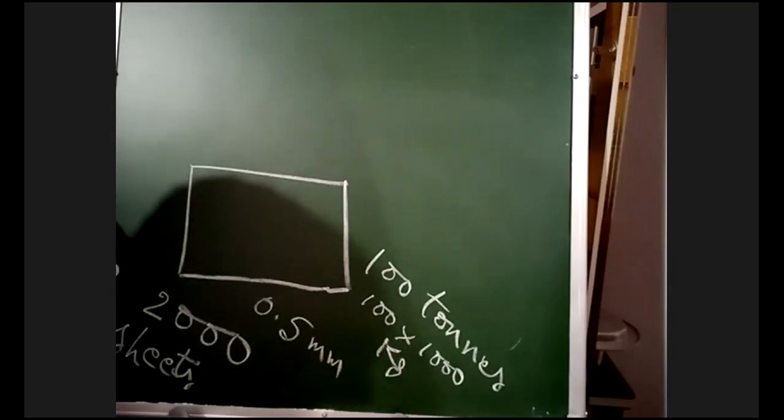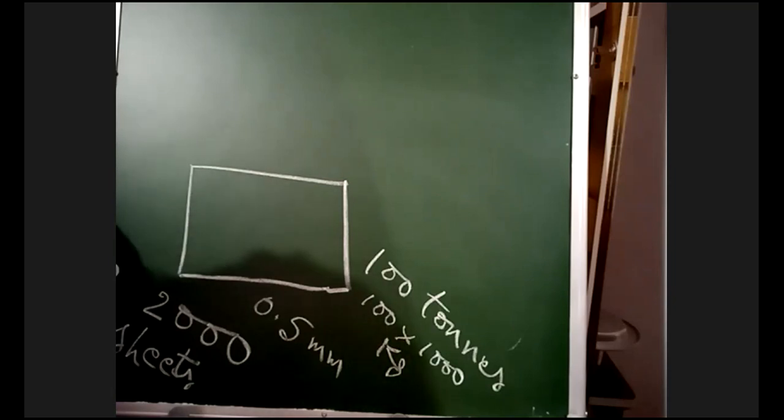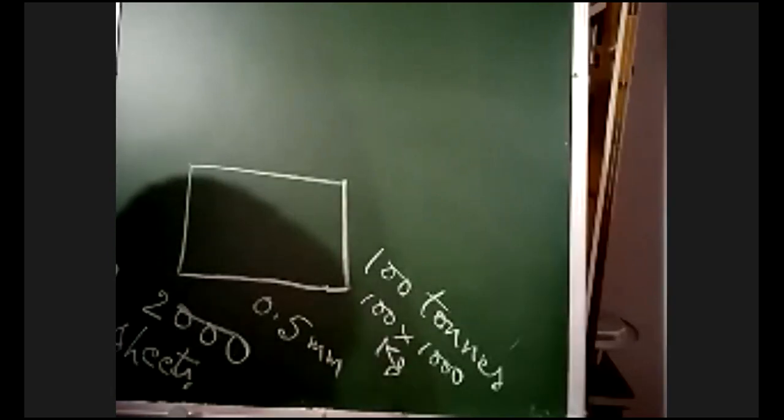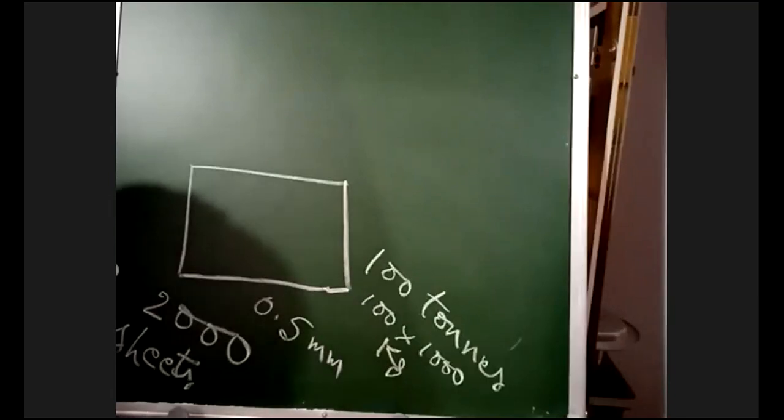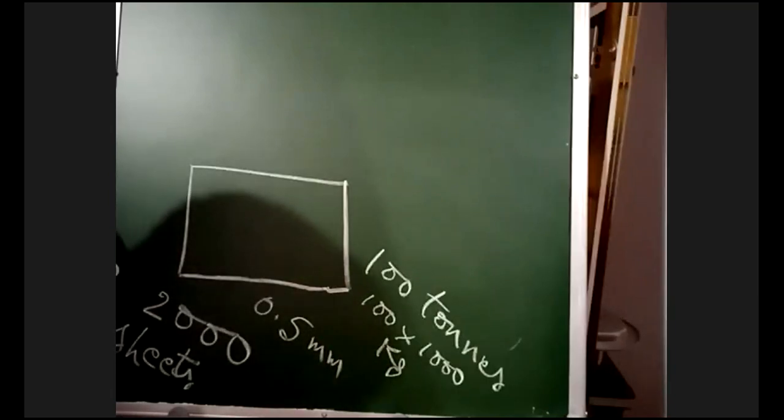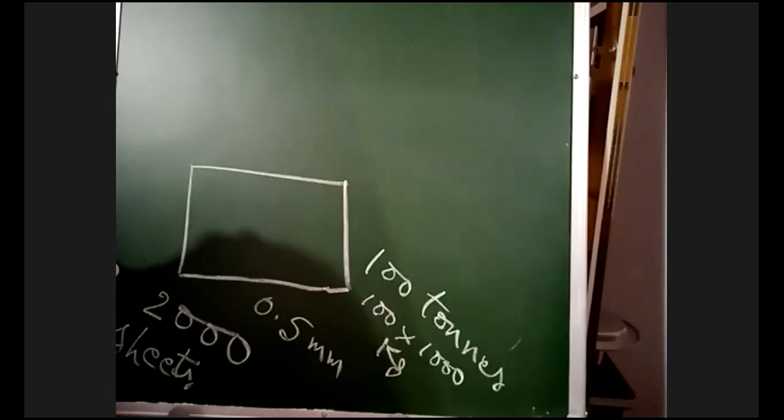Can you lift this weight? No, sir. So with the help of a crane, we will lift this weight. We can't lift this weight with our hand, so the crane is lifting it.